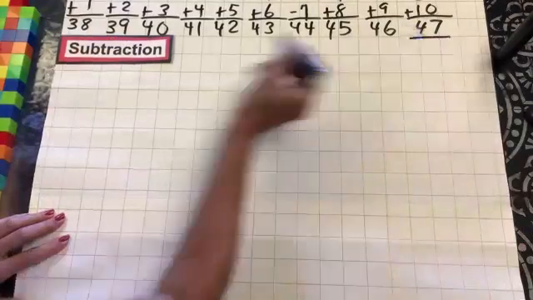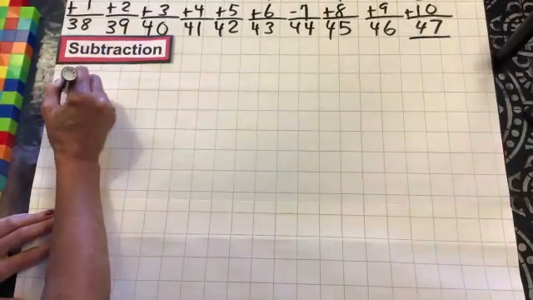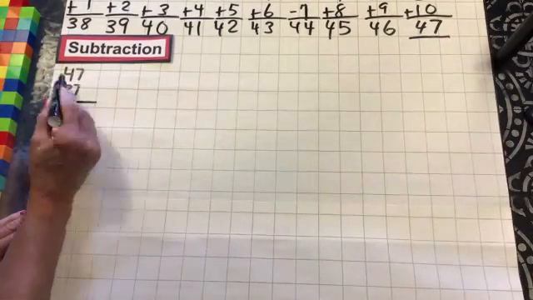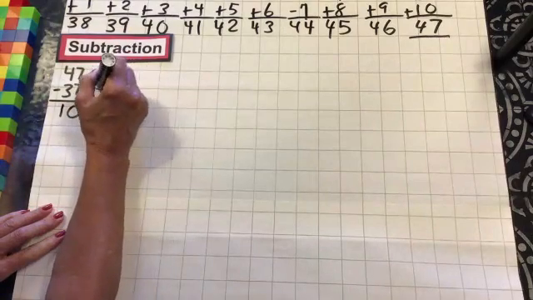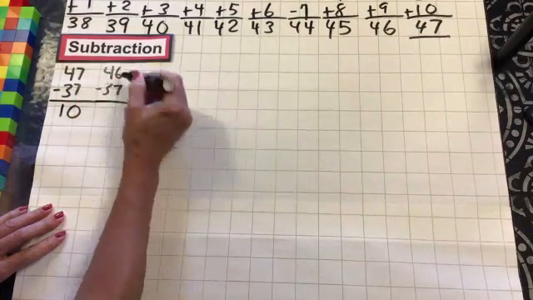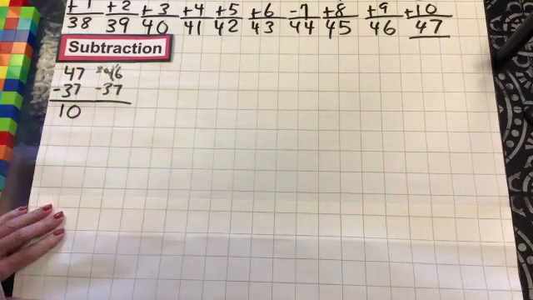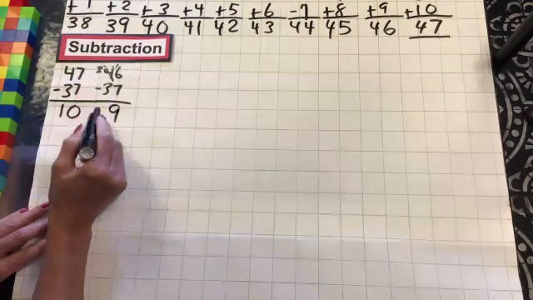We're going to start with 47 over here. 47 minus 37. So 7 minus 7 is 0. 4 minus 3 is 1, so 10. 46 minus 37. Well, we can't take 7 from 6, so we need to borrow from the 4, leaving 3, making that 16. 16 minus 7 is 9. 3 minus 3, nothing.